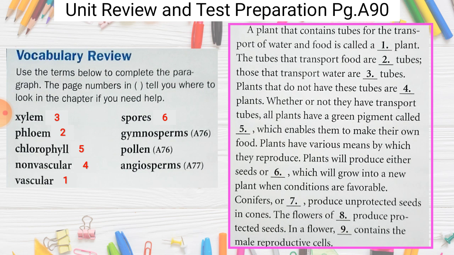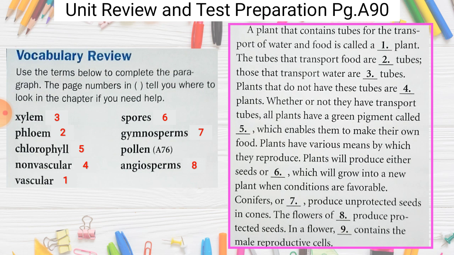Conifers, or what's another word for conifers? Gymnosperms produce unprotected seeds in cones. The flowers of... What type of plants produce flowers? Angiosperms.